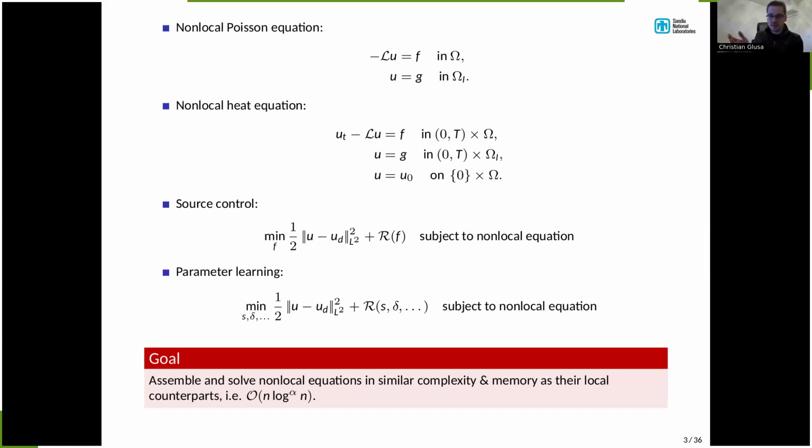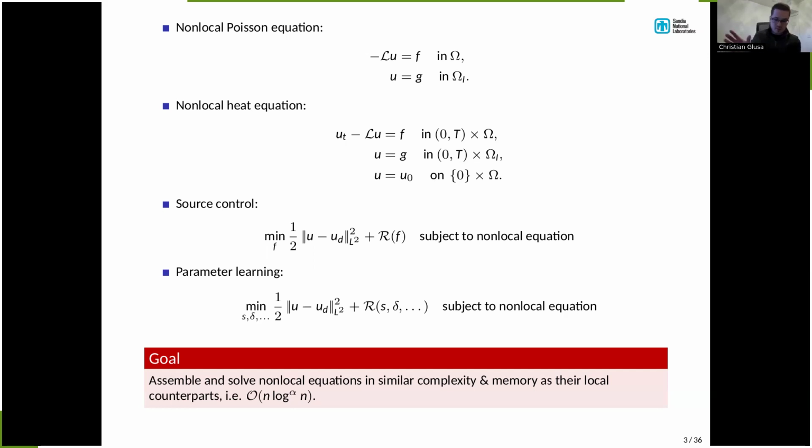Now, what I have on the slide is the simplest possible case where we really have data given in a continuous sense in our entire domain. You could also think about sparse observations, or maybe you already know something about some noise that you will probably have in your observation, and we're also moving more into a Bayesian or UQ framework for these types of problems.